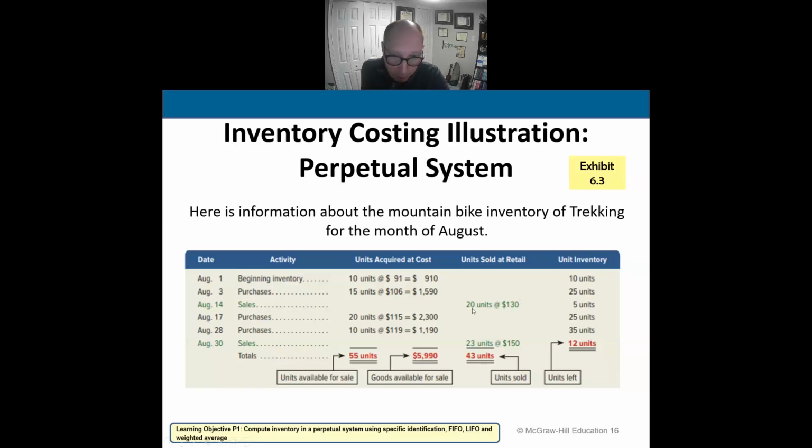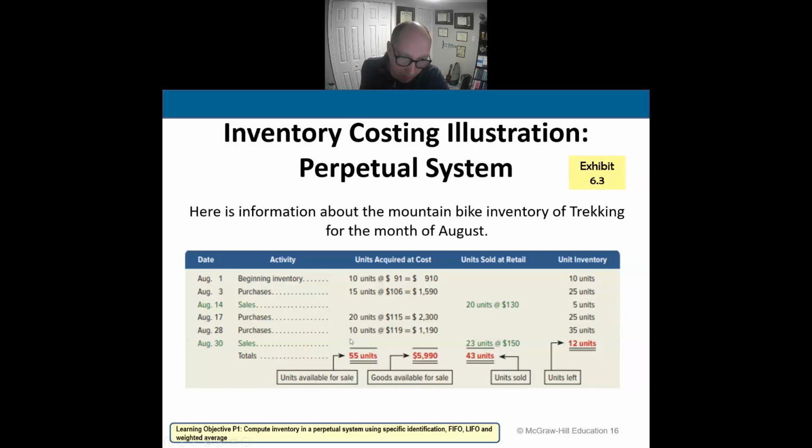August 14th, I sold 20 units at $130 a piece. Now I'm down to 5 units remaining. I purchased another 20 units at $115, up to 25 units. I purchased another 10 units, now I'm up to 35. Then I sold 23 at $150, down to 12. 12 is my ending balance. I sold a total of 43 units.